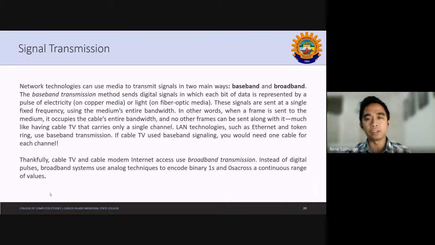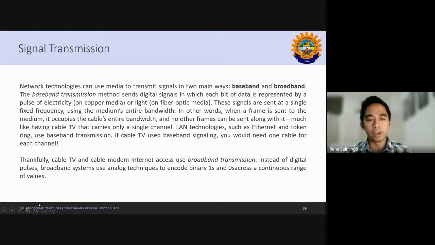Now, for signal transmission, we have baseband and broadband. The baseband transmission method sends signals in which each bit of data is represented by a pulse of electricity or light.